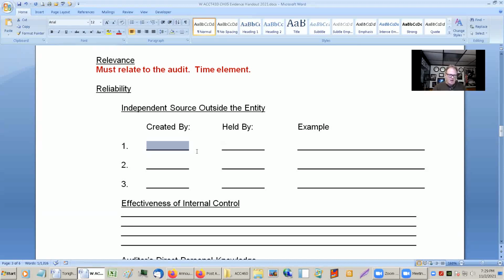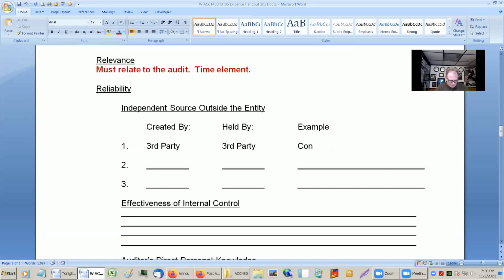Okay. Evidence. The best evidence is created by a third party. So not the client, not the auditor, but a third party. And it's held by a third party. There could be a few different things.